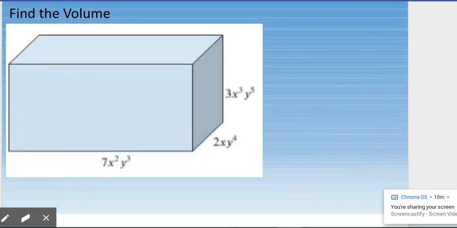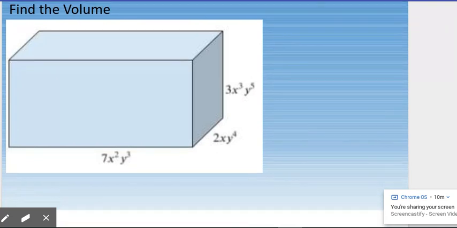And now let's look at a couple volume problems. So for this first one, the volume of a rectangular prism. The formula we're going to use is length times width times height. Well, guess what? There's my length, there's my width, there's my height.